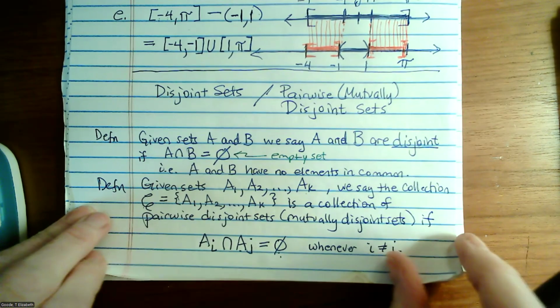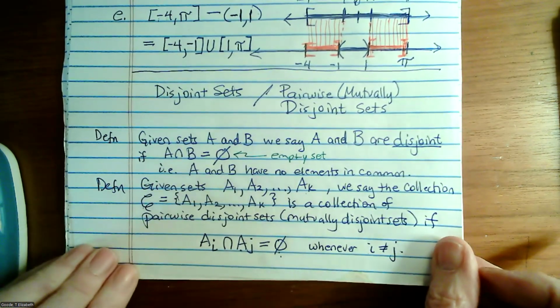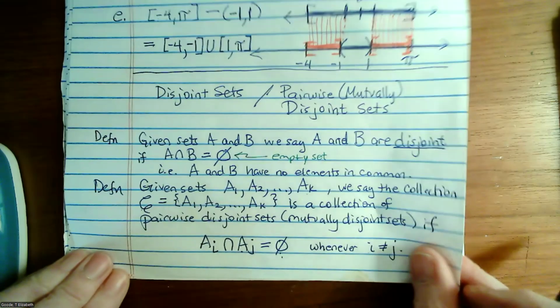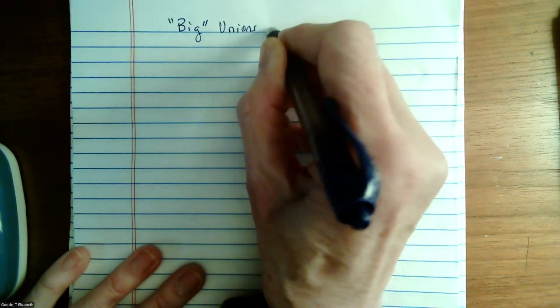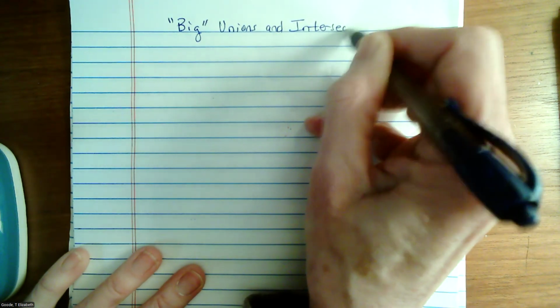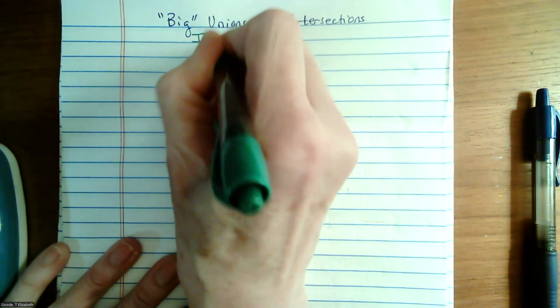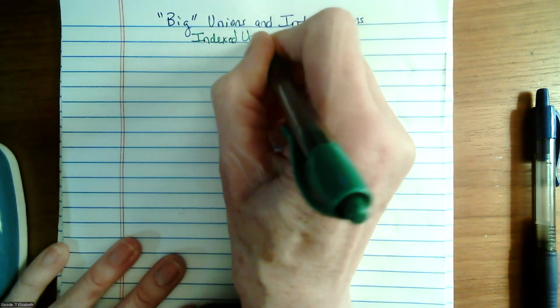Okay, so now we're going to use this definition in a minute while we look at indexed unions and intersections. So that's our next topic here. I'll call them big unions and intersections, but what I really mean by big is indexed. Big unions and intersections. In other words, indexed unions and intersections.